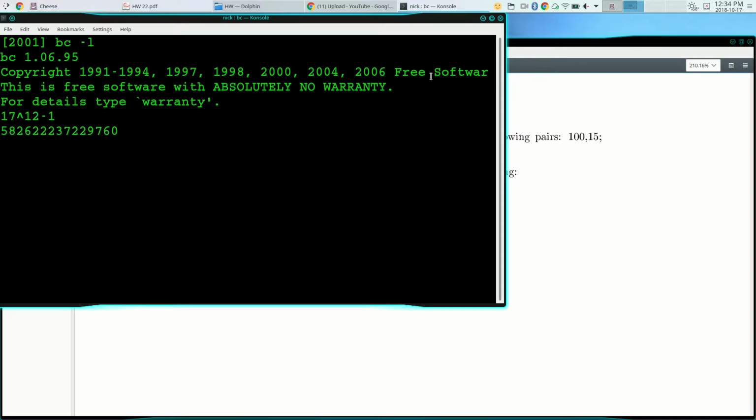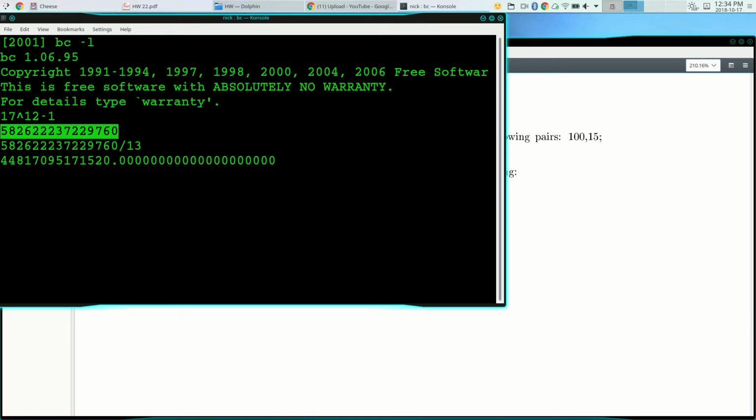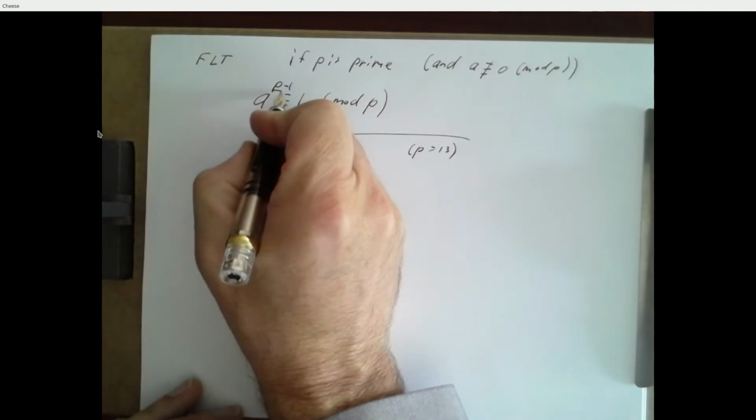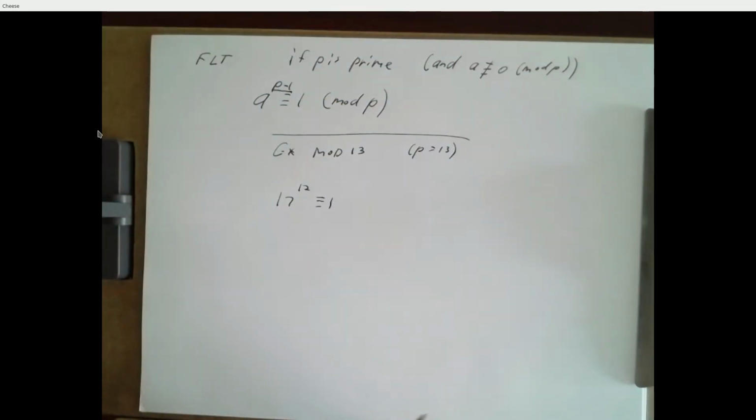So 17 to the 12th minus 1 divided by 13 is an integer. Why is it 17 to the 12th minus 1? P minus 1. So if we're working mod p, then if we raise something to the p minus 1, it'll be congruent to 1. So p is 12? P is 13, p minus 1 is 12.